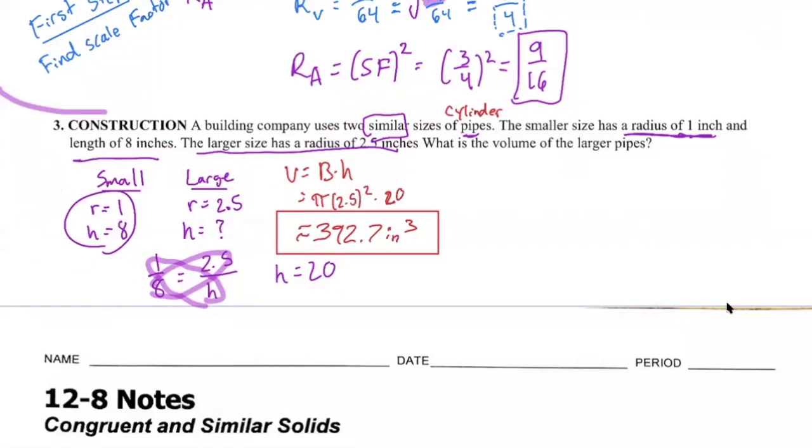But let's pretend I want to spice things up. I want to spice up our life a bit. Let's pretend that I don't give you the height, I don't give you this length.